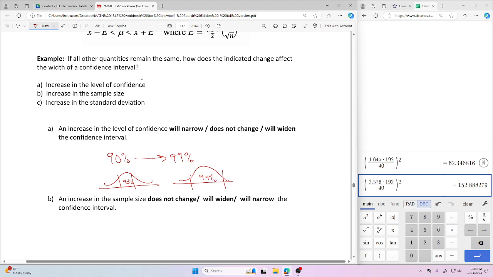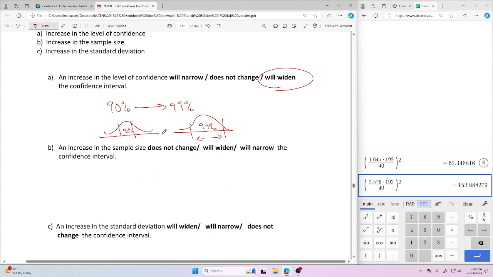So is it narrower, wider, or no change? It's wider. See how it expanded out? It's bigger, wider, because it's more area. It's 99%. It's bigger. Yeah, exactly. Is that okay? We only got 2 more left.